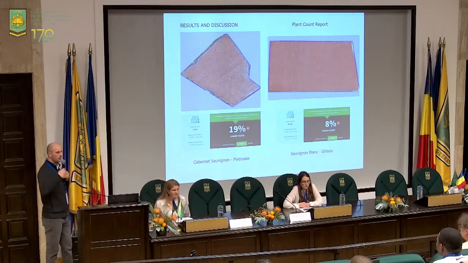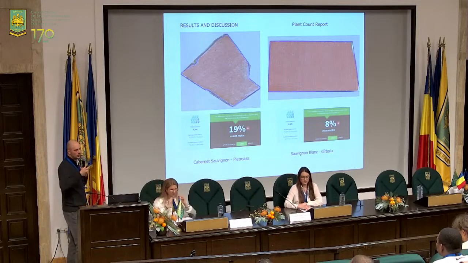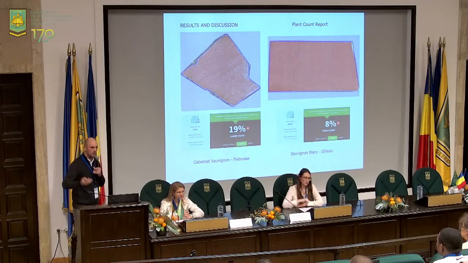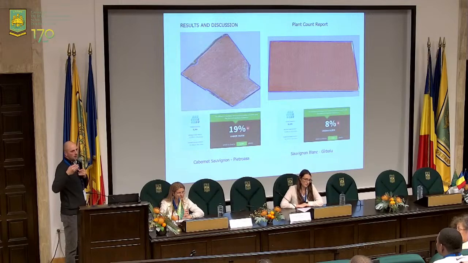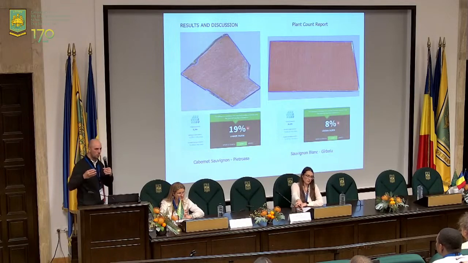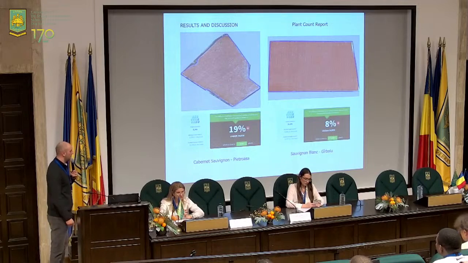This is very important information when you want to buy vines to replant, or to know how much of the field is not working, because for each parcel you want full coverage, without missing rows.